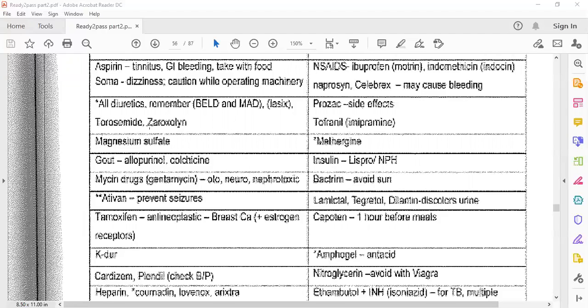So diuretics we basically use for high blood pressure, right? So all diuretics we use for high blood pressure or any other medical condition, like to reduce the edema.